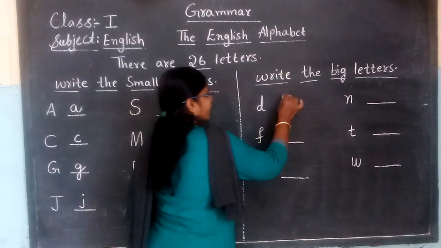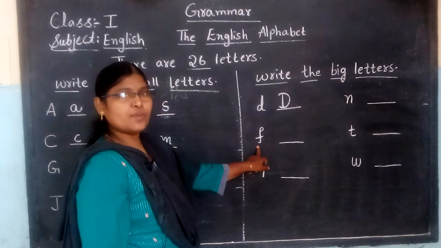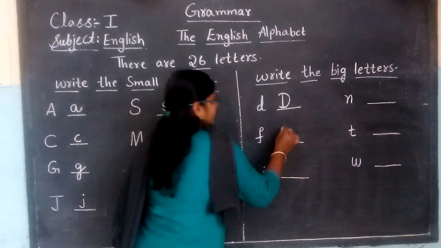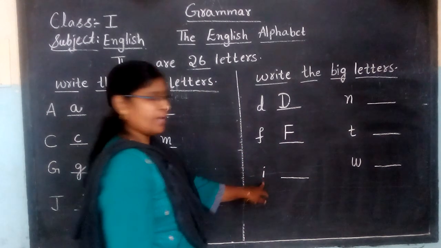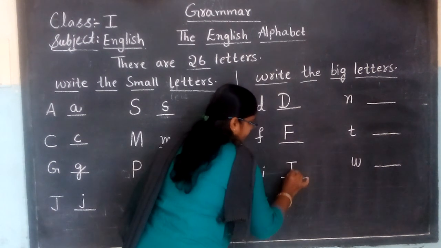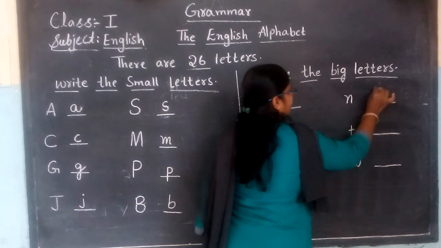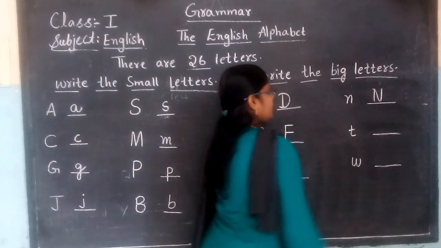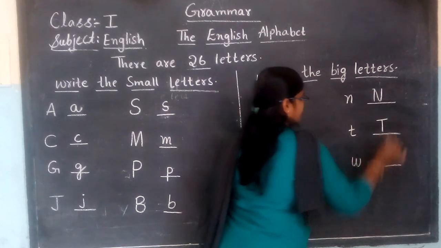So we write here capital D. Next one, small f, capital F. Small i, capital I. Small n, capital N. Small t, capital T.